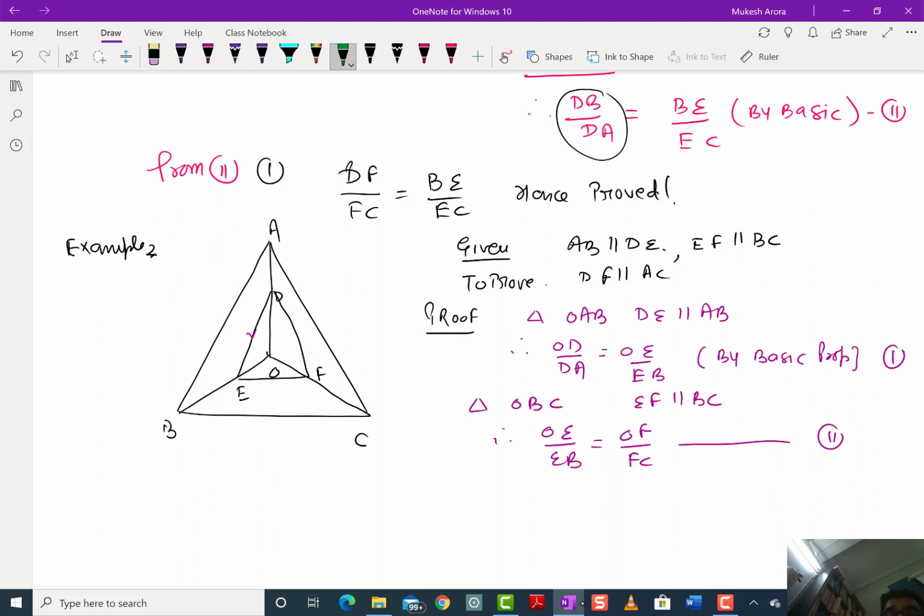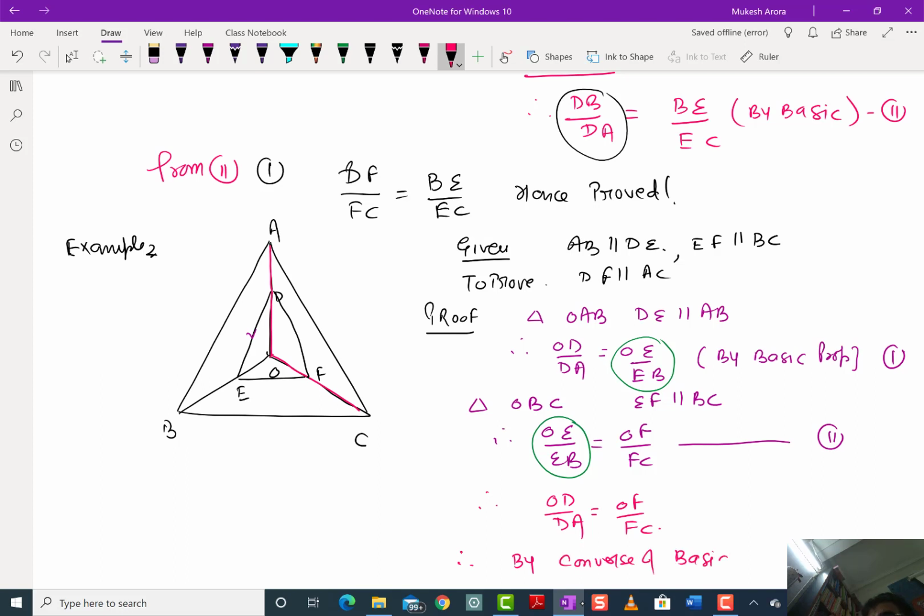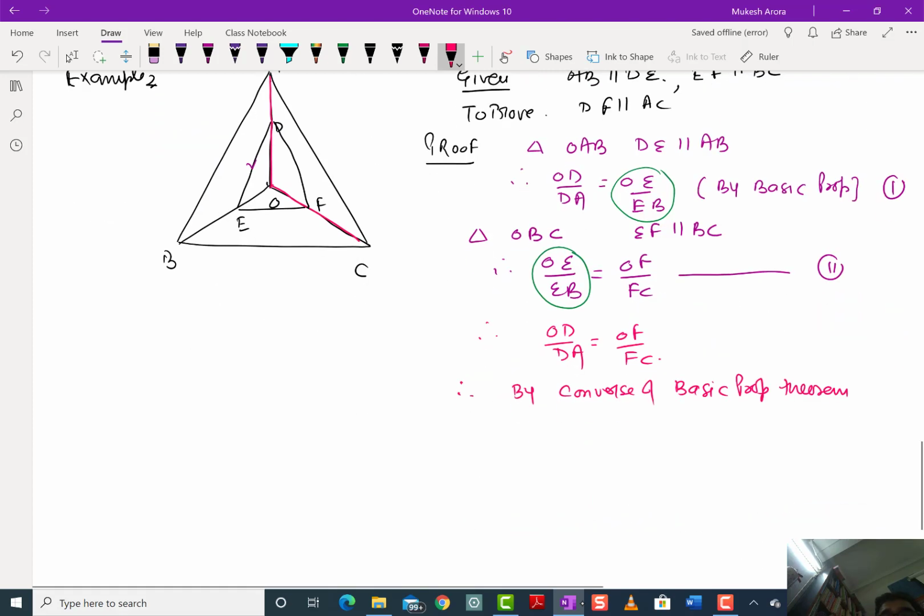Now if we see carefully, these two are equal, therefore OD upon DA is equal to OF upon FC. Therefore, by the converse of the basic proportionality theorem, DF is parallel to AC. Hence proved.